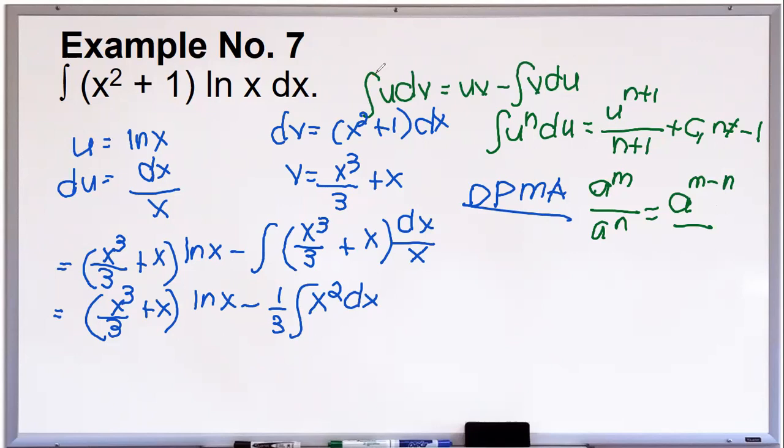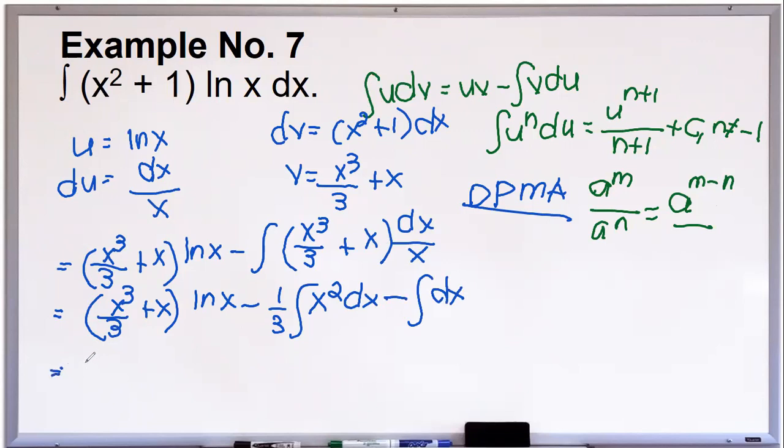Okay, so balik tayo dito. X squared dx plus integral of, actually this is minus kasi negative times positive. That's negative. So x, integral of x times dx over x, or simply dx lang to.